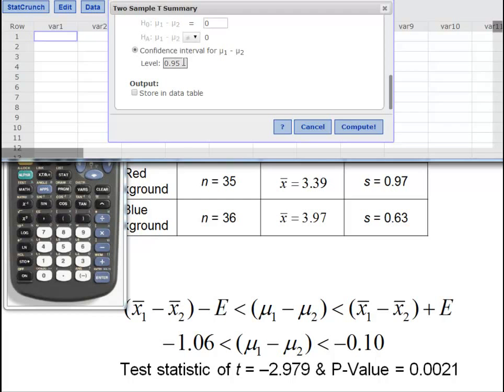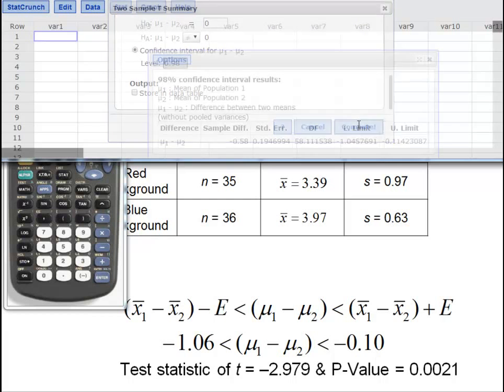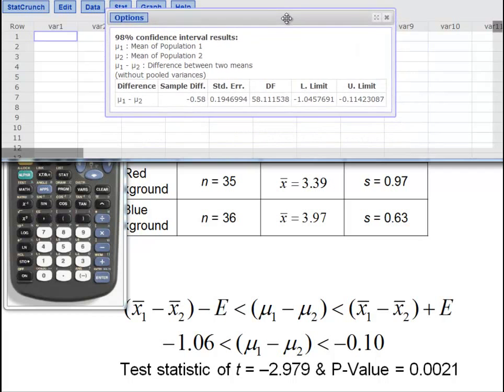We're doing a 98% confidence interval this time, and if we compute that, we'll see that we get numbers just like we did out of the calculator, the negative 1.045 and so on instead of the 1.06, and the 0.1142 instead of the 0.10. So the technologies are the same, and they're both going to be equally different from the ones you would get out of formulas. So again, keep that in mind.